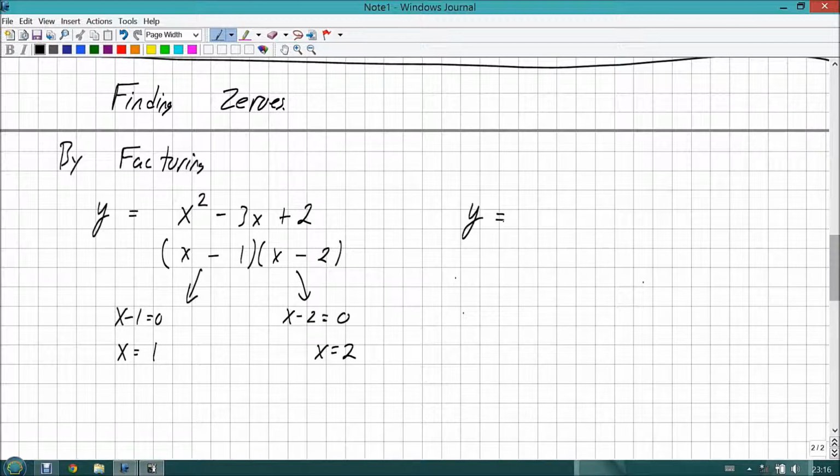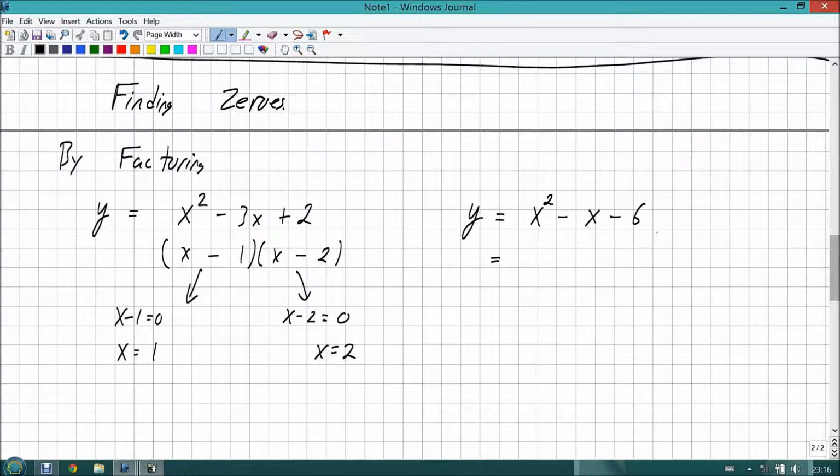Another example, let's say that we have something a little more difficult. Let's say that we have y is equal to x squared minus x minus 6, and we're told to factor this one. Well, to factor this one, I'm looking at factors of 6 that have a difference of just 1.